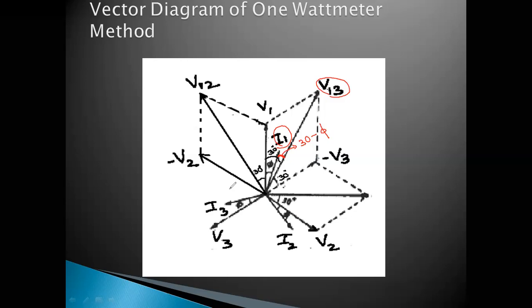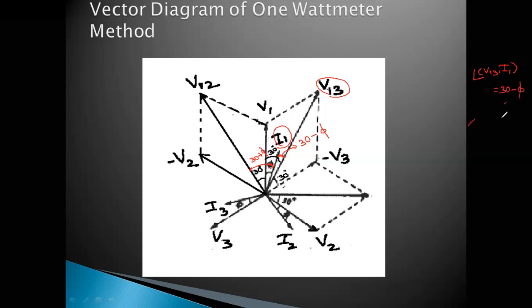So the angle between V12 and I1 will be 30 plus 5. Let me write here in the black space. So we got the angle between V13 and I1 equals 30 minus 5.